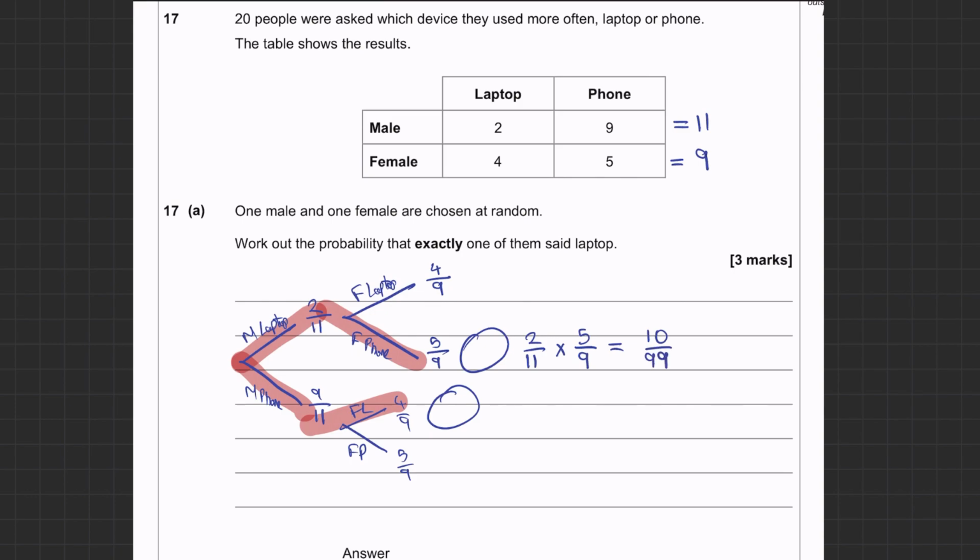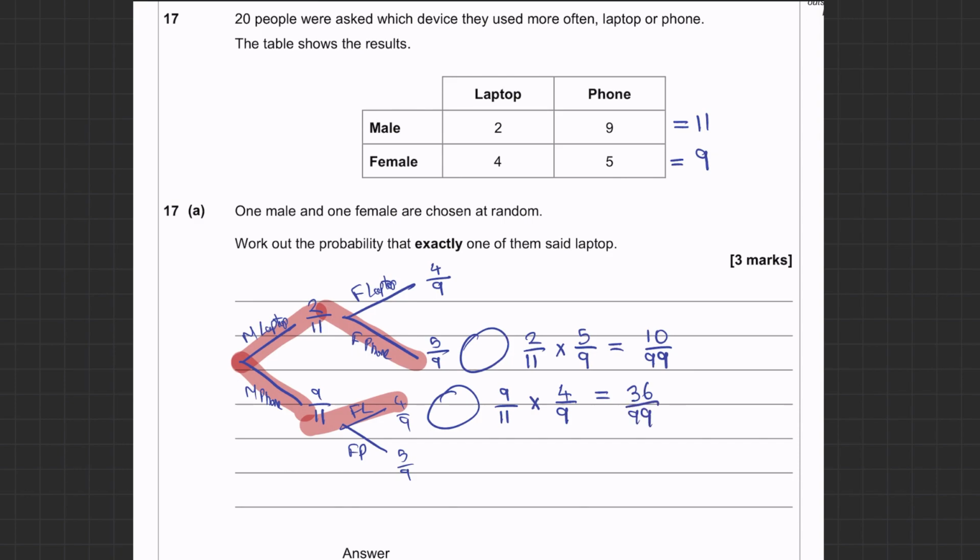And then the second probability, the male chose a phone, didn't choose a laptop, is 9 out of 11, multiplied by the female chose a laptop, which is 4 over 9. And that's, well, 9 times 4 is 36, 9 times 11 is 99.